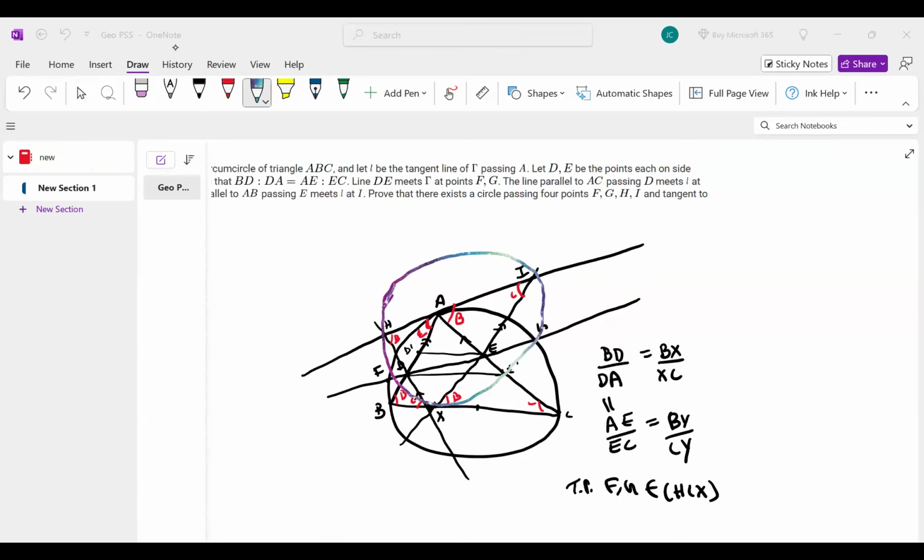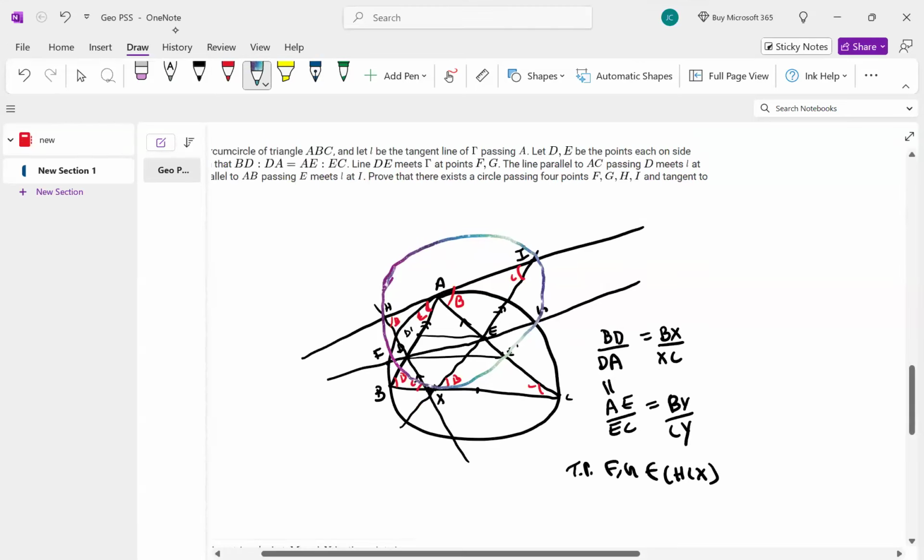Yes, that is true. And how could you show that? So we show power of D, and if you show that D and E have equal power in both circles, so DA into DB should be equal to DH into DX, and E also. And that's true, so we're done. I didn't get it. What did you say?